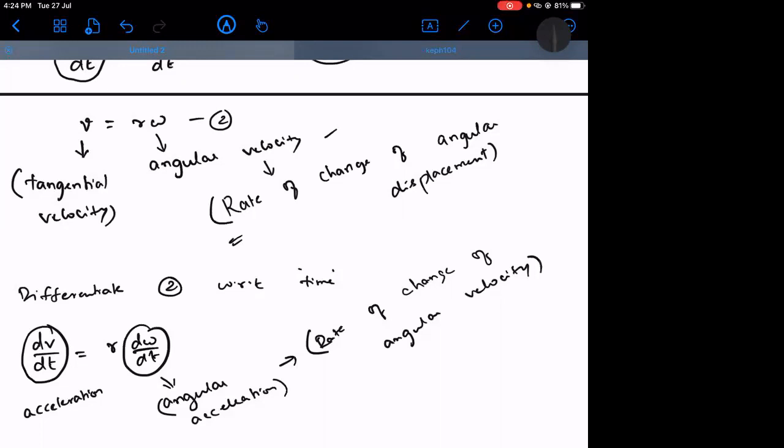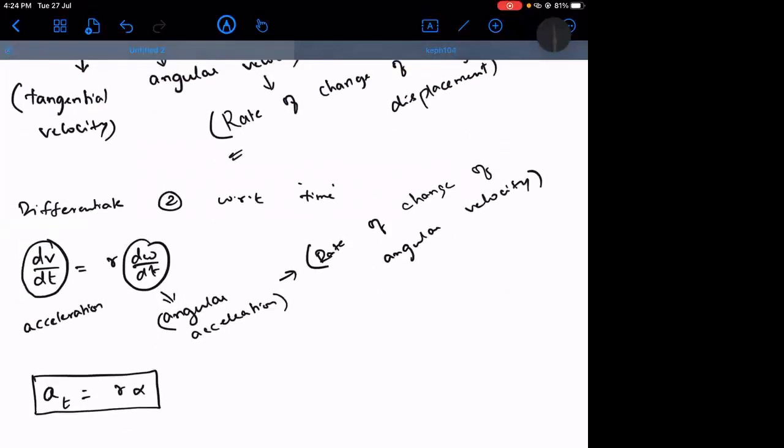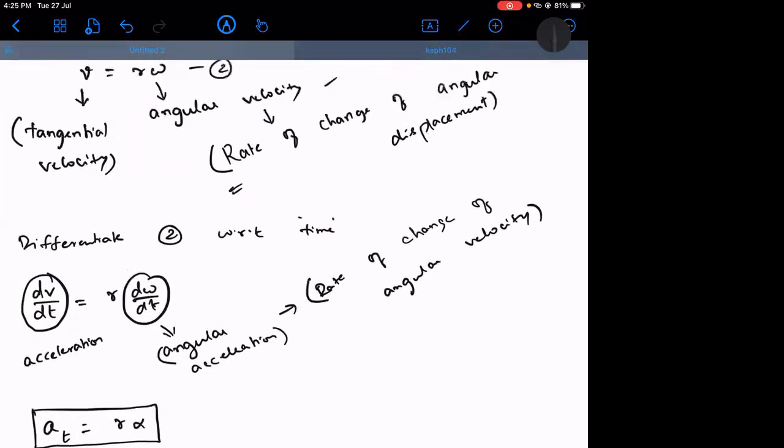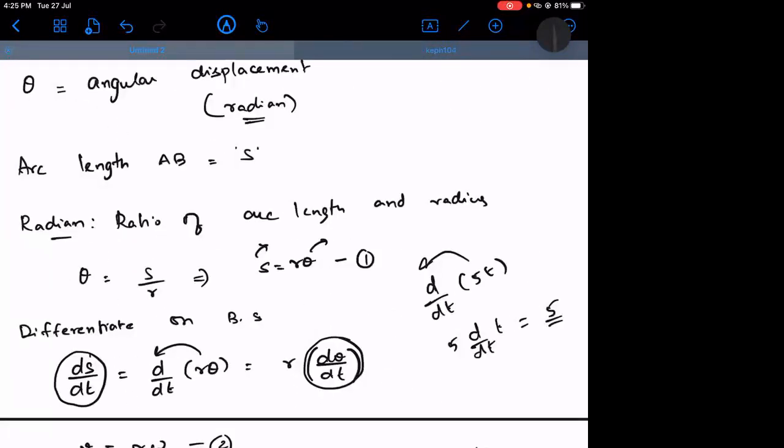Sir, do the dimensions change for acceleration and angular acceleration? No, obviously they are not the same. Angular displacement is measured in radians.